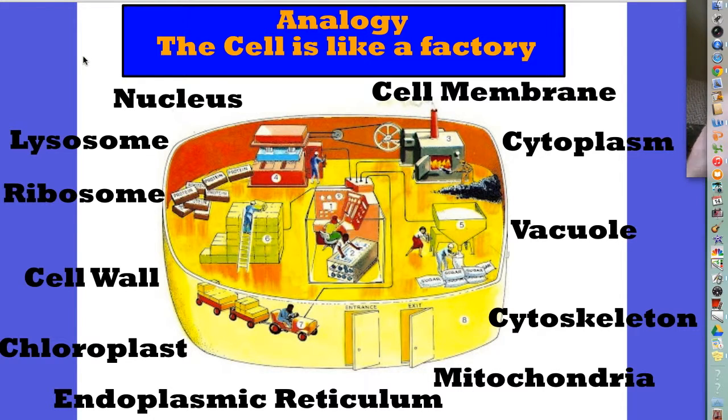And this is happening within a structure surrounded by a cell membrane, and if it's a plant, a cell wall, with the cytoplasm inside, the cytoskeleton supplying internal structure for it, all powered by the mitochondria, and in some cases, if you're a plant, powered by the chloroplasts.